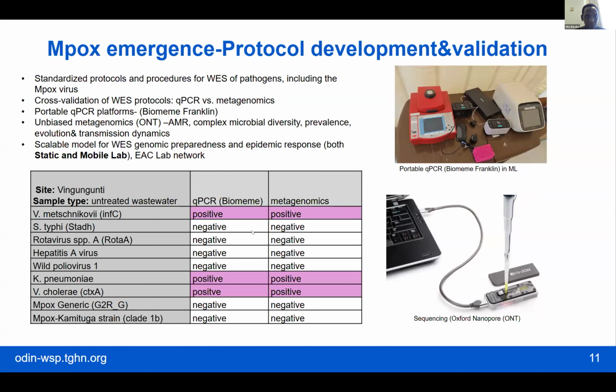So I won't repeat that, but we tried to develop and support, during the public health emergencies in DRC and other member partner countries, capacity to deploy portable qPCR for wastewater mpox detection, but also going further into the genomic aspect to identify what kind of circulating clades is being reported in their own context.